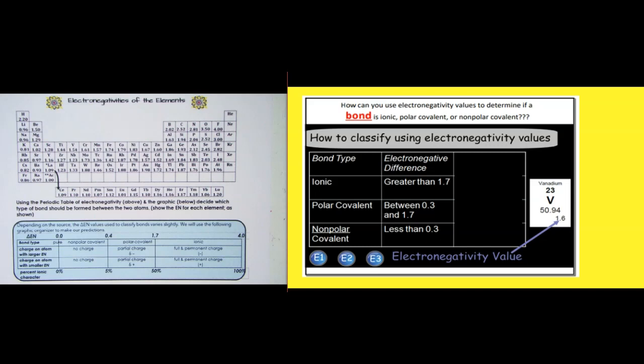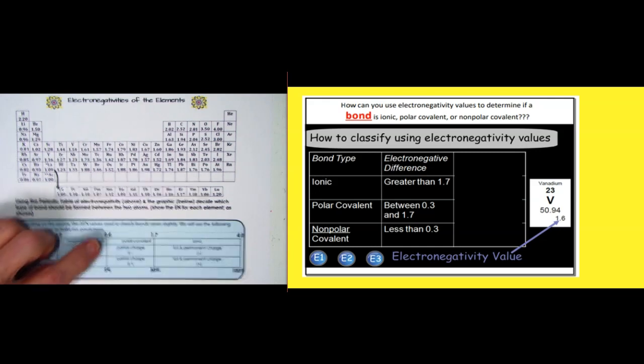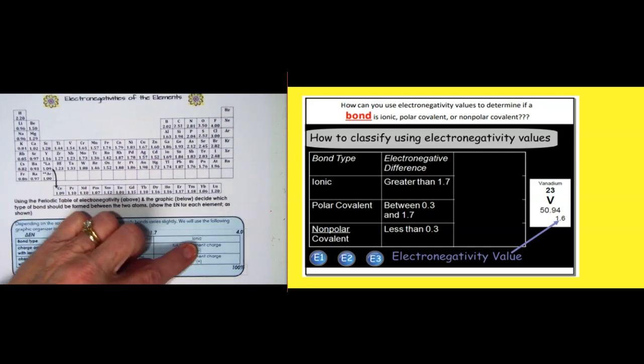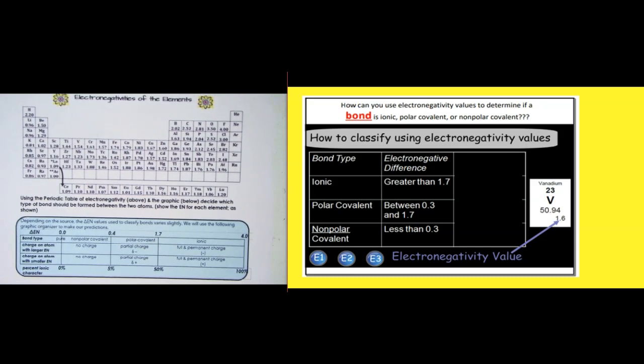The difference between the two is only 0.5, so based on this graphic, it's just ever so slightly over the 0.4. So yes, it's a polar covalent compound, but not nearly as much as fluorine would be with silicon or even boron, with fluorine being a 4 and boron being a 2.0. That actually pulls itself almost up to the ionic aspect of this.